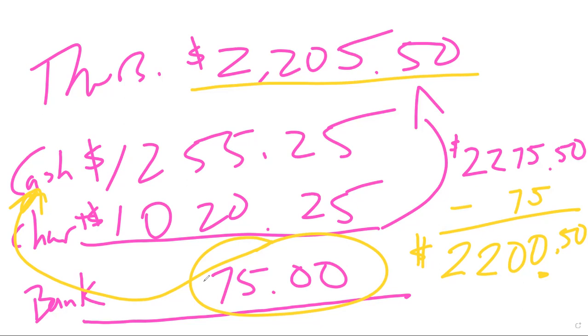I was putting overage. I think I got the math right. I was choosing the wrong one. Okay, 2,205.50 minus 2,200.